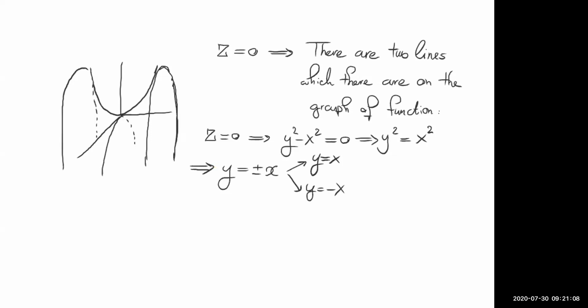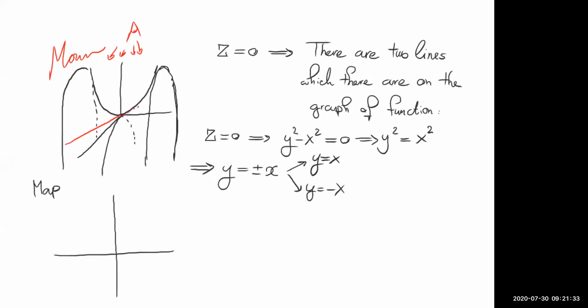So if this is the mountain or the valley in 3D, and this is our two-dimensional map, where the domain of the function is everywhere, and I'm looking at this mountain from above, what I would see is two lines on the surface of this mountain where the height does not change.